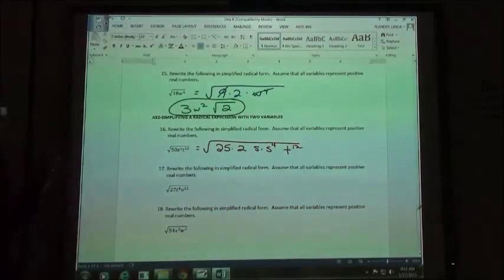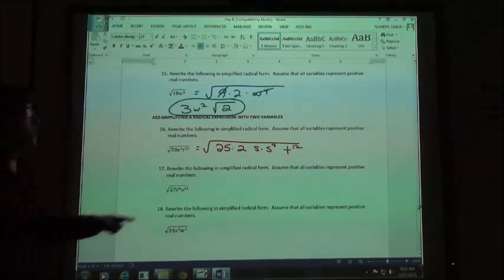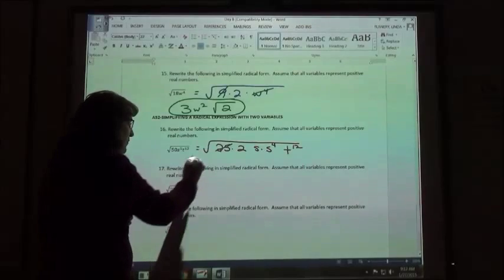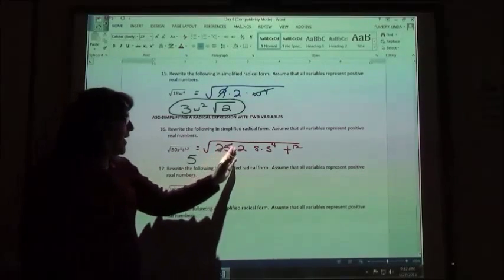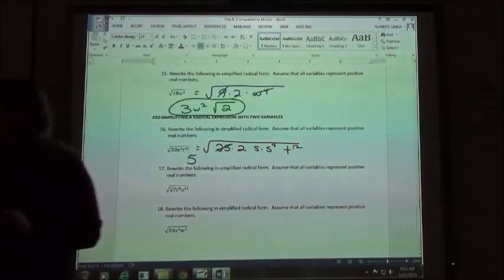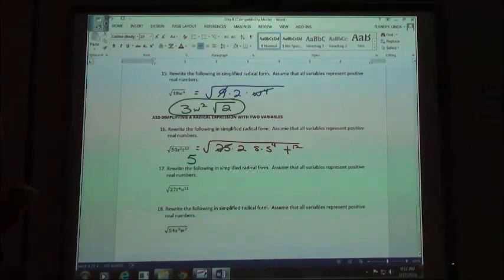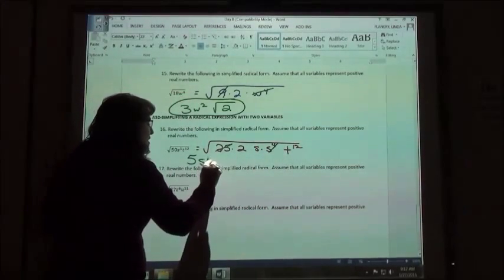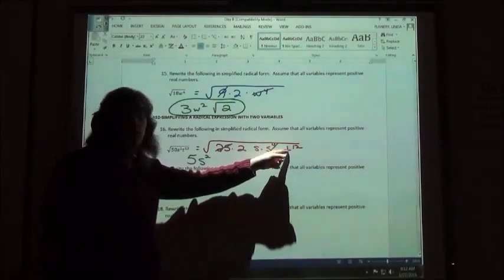Now we're going to take out all of our perfect squares. So the square root of 25 is 5. I can't do the 2, I can't do the plain s, but I can do the s to the 4th. What's the square root of s to the 4th? S to the 2nd. And I can do the square root of t to the 12th.